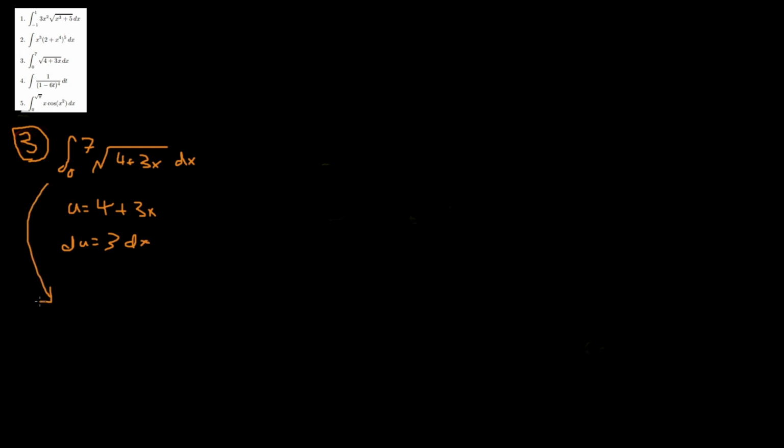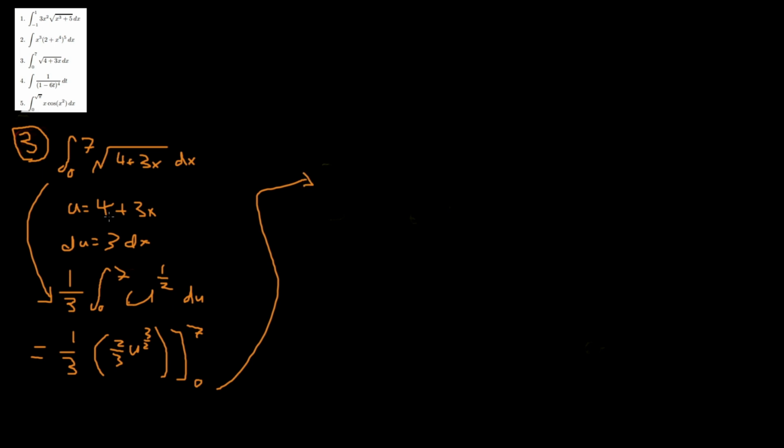Okay, so from here we can rewrite this as 1/3 times the definite integral from 0 to 7 of u to the 1/2 du, which can then be simplified to 1/3 times 2/3 u to the 3/2 evaluated from 0 to 7.